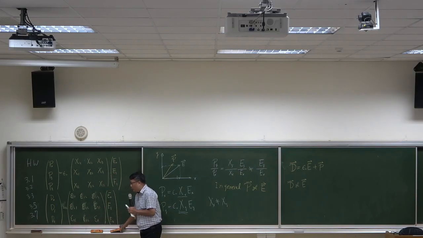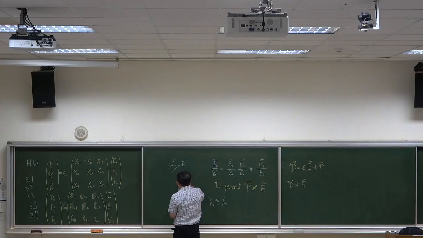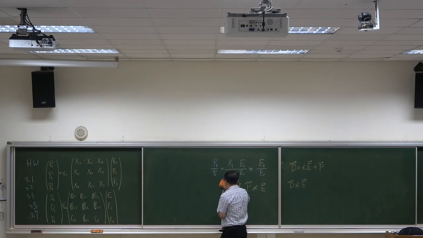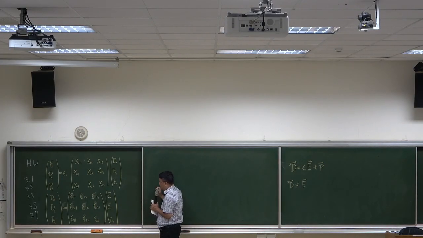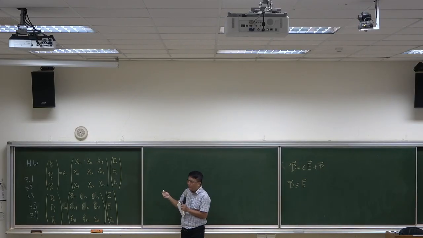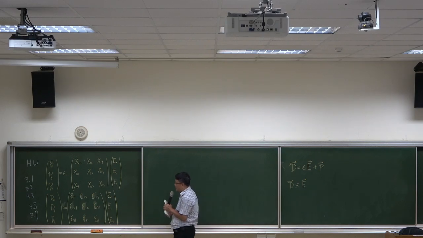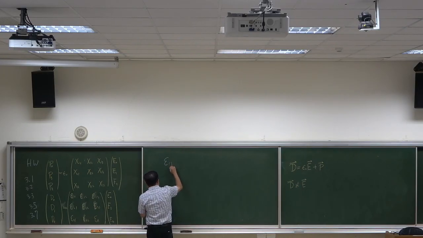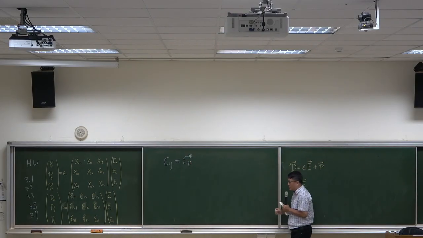事实上，一般来说，我们的材料如果没有考虑很严重的吸收，如果这材料不是一个 loss 很大的材料，吸收可以忽略的话，仔细分析会发现这个 epsilon 有以下的特性。So in general, if the medium is not a very lossy medium, which means it does not absorb electromagnetic energy dramatically, then usually we can find that the epsilon matrix has this property.